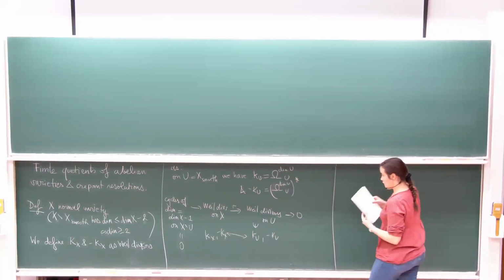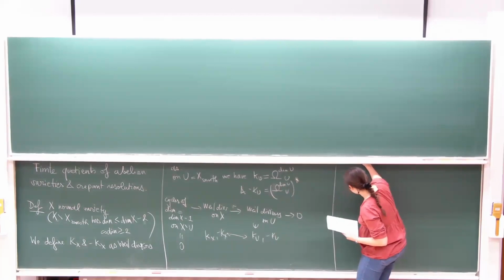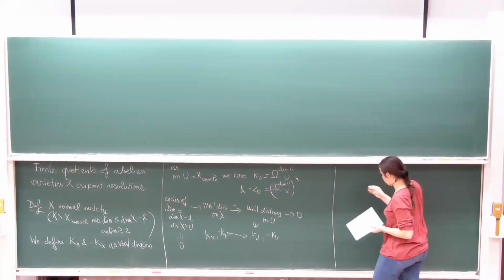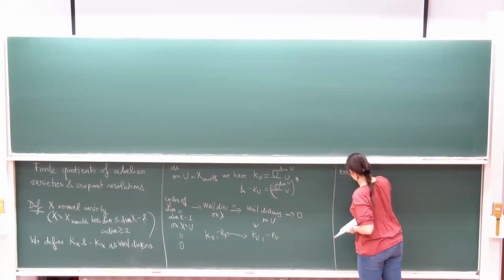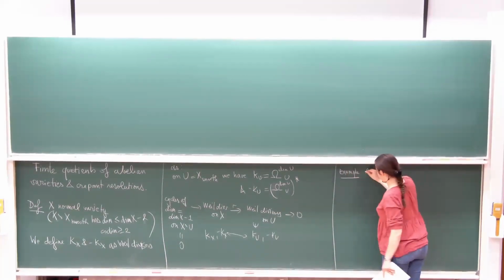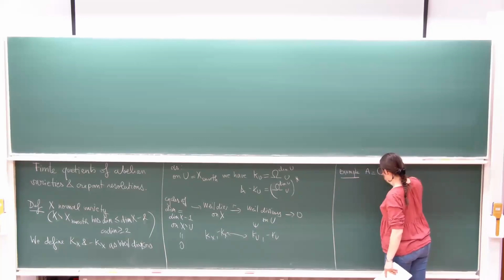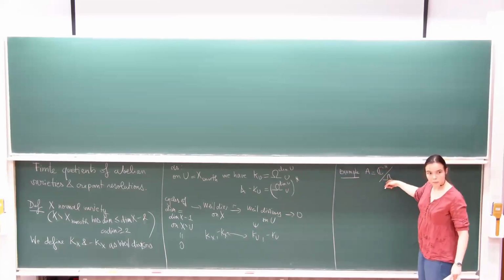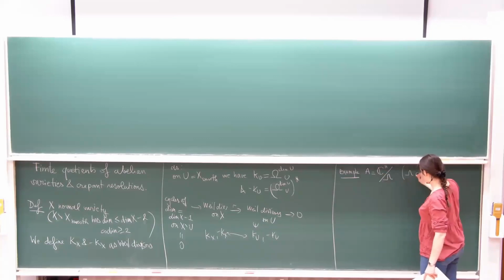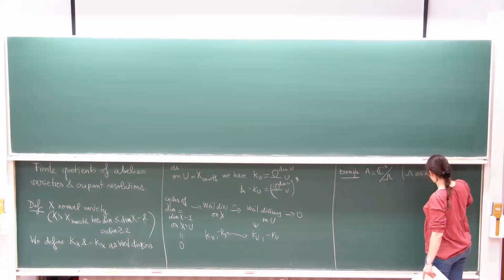And the very good news is if we do this, we'll be able to do some quotients. So for example, if we look at A, some complex torus, we take C^n, and here we take lambda, so you should think of lambda as a lattice.